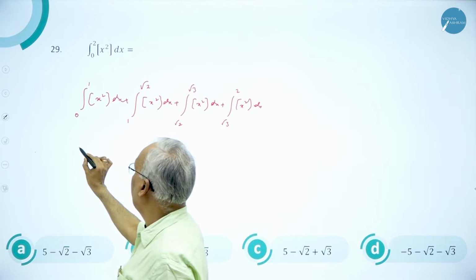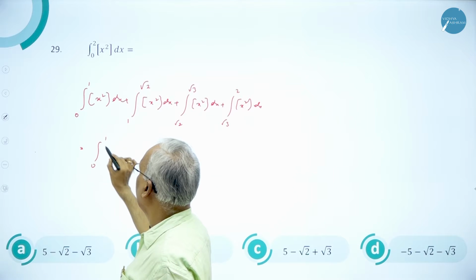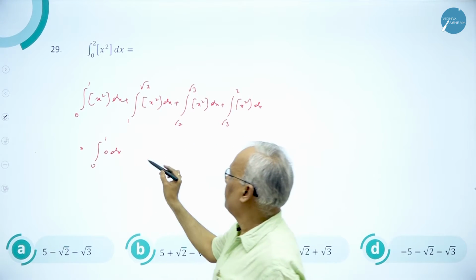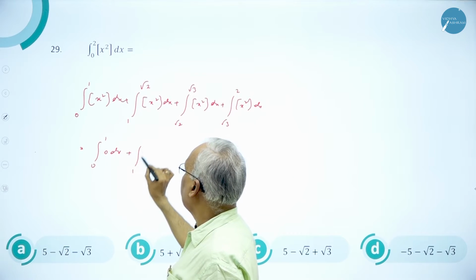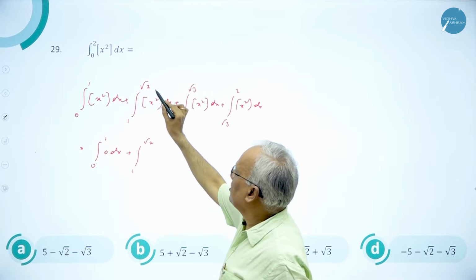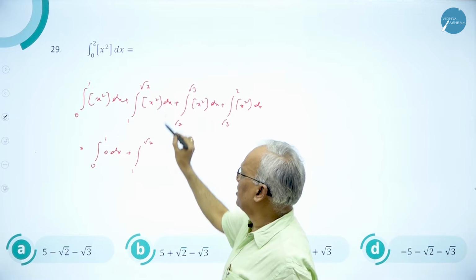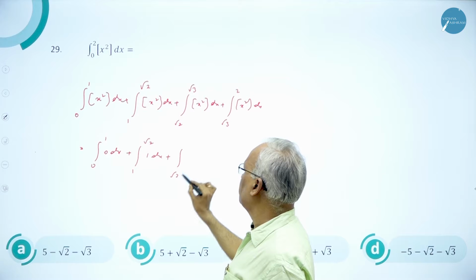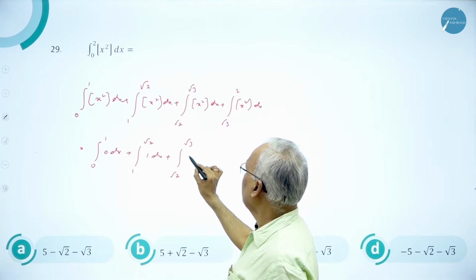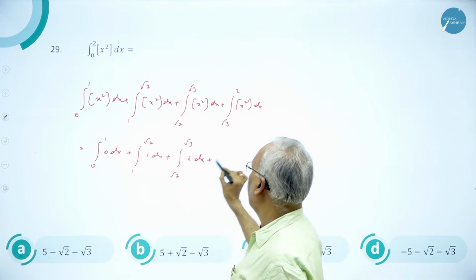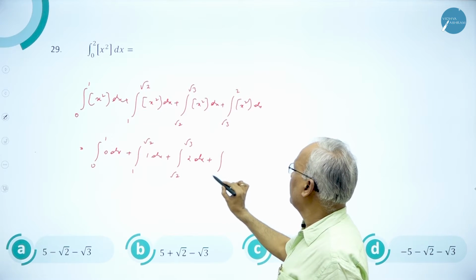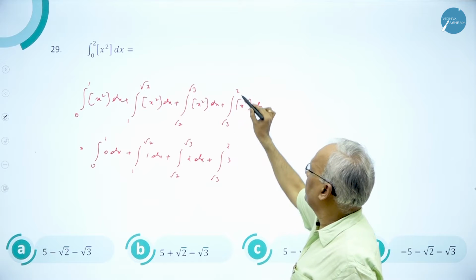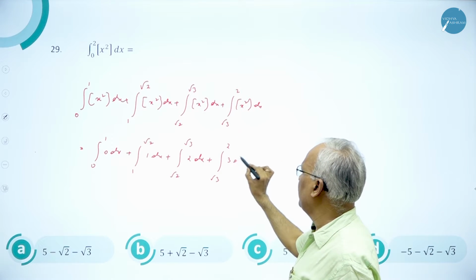So this becomes now integral 0 to 1 of 0 dx, because between 0 and 1 the greatest integer is 0, plus integral 1 to root 2, between 1 and root 2 it's always between 1 and 2, so it becomes 1 dx, plus integral root 2 to root 3 of 2 dx, plus integral root 3 to 2, between 3 and 4 it is always 3 dx.